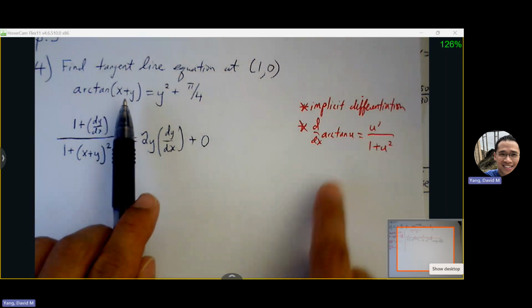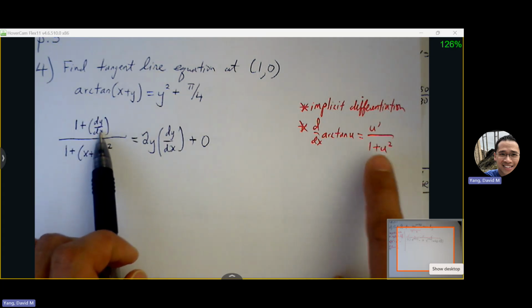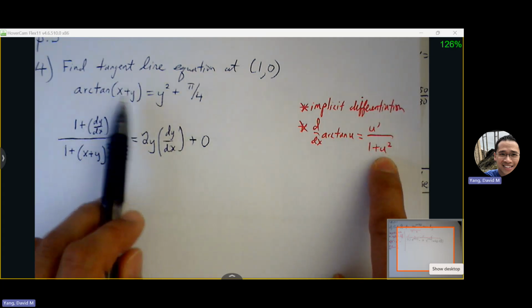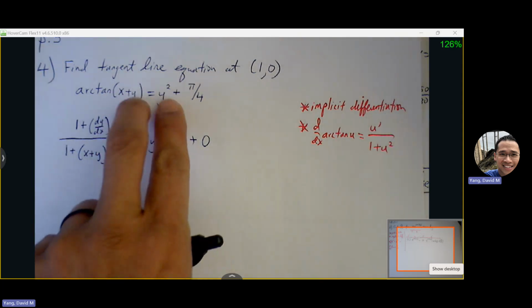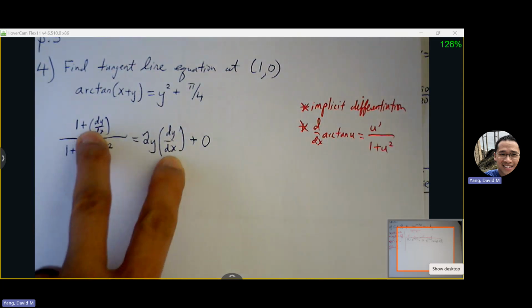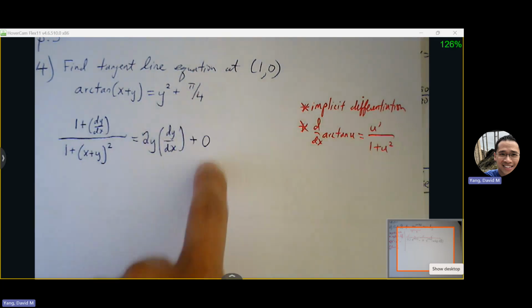Since my u value is x plus y, the derivative of x plus y is 1 plus dy dx, all over 1 plus u squared. I need to square this entire x plus y squared. We have two different y variables, so we should be expecting two dy dx's to pop up in our derivative. Y squared becomes 2y dy dx, power over 4 goes to 0.